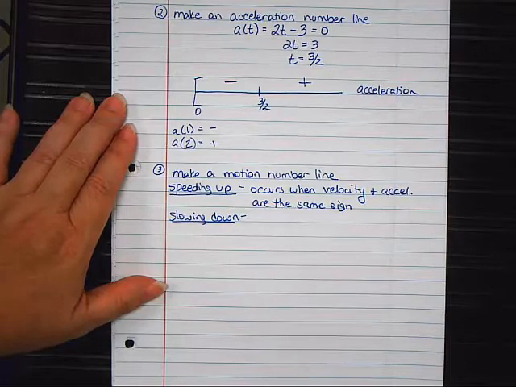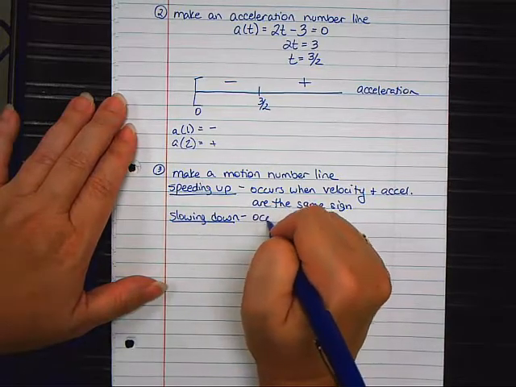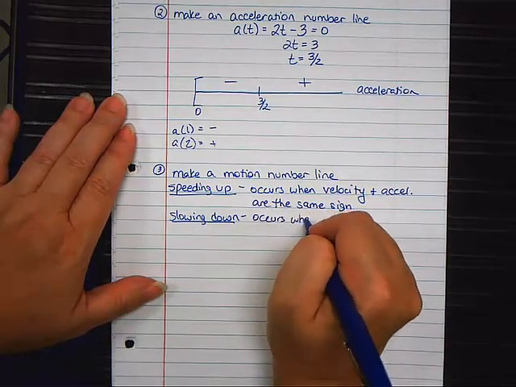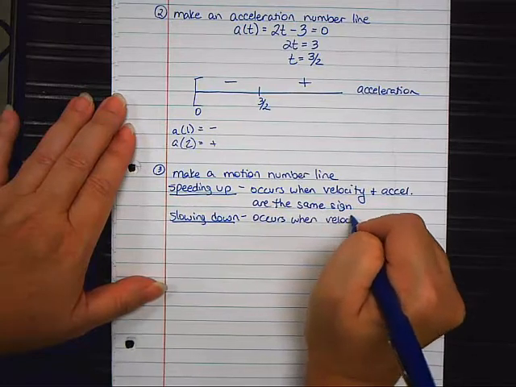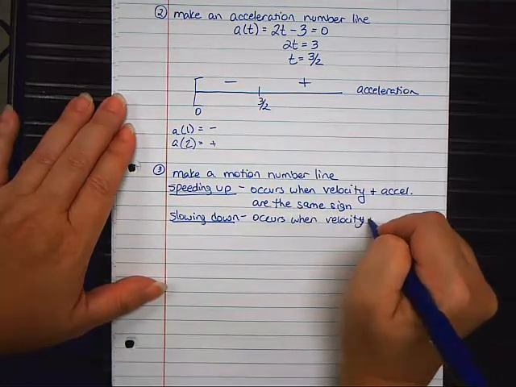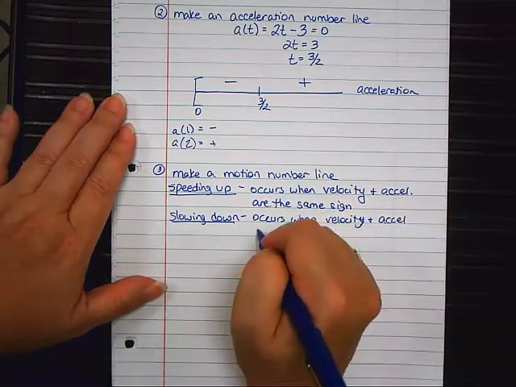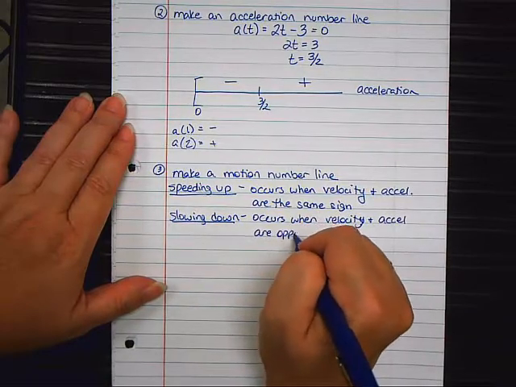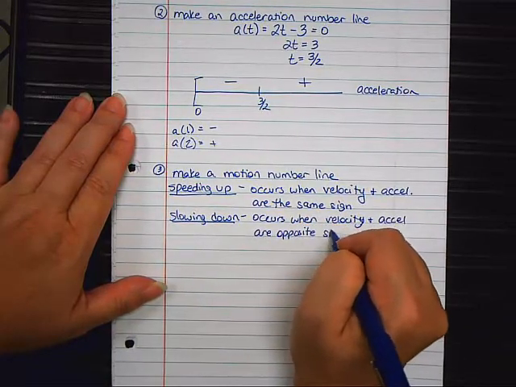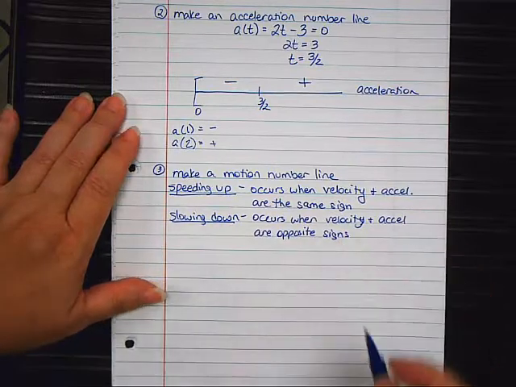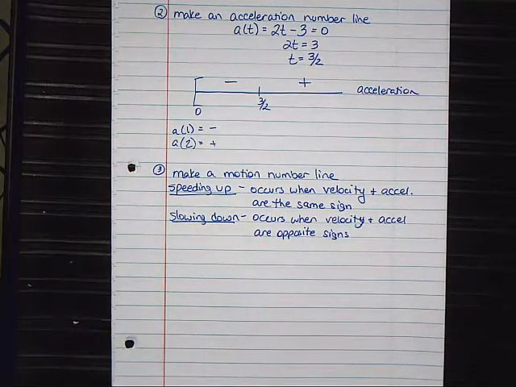Okay? Slowing down occurs when velocity and acceleration are opposite signs. I just had an epiphany that I'm going to share with you. When we do the number line in just a minute, it's a good thing.